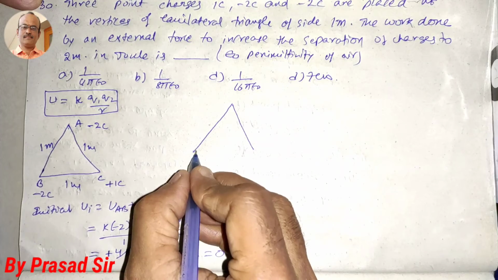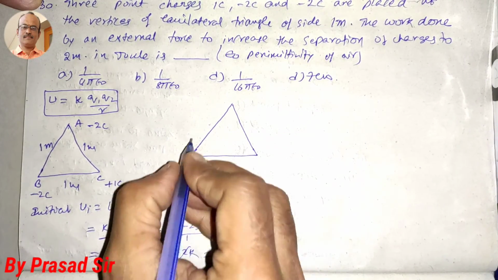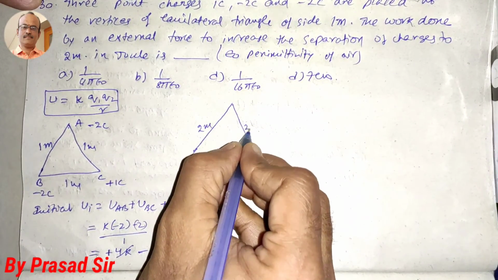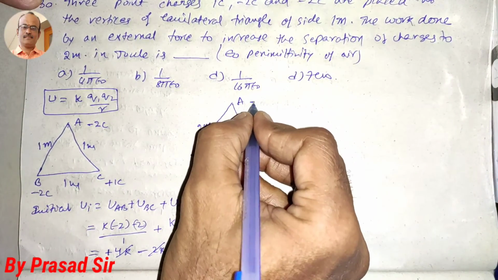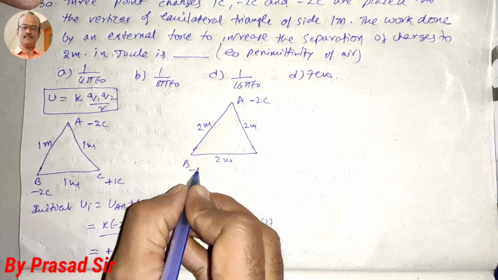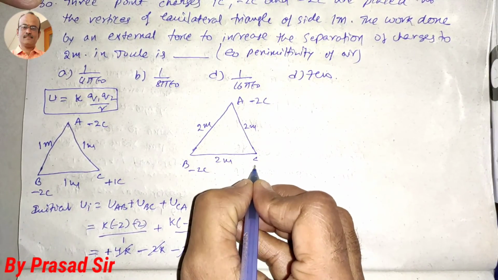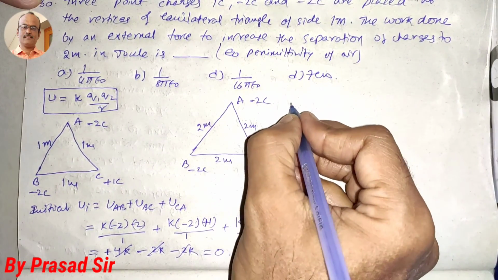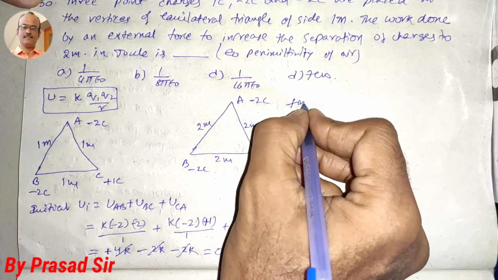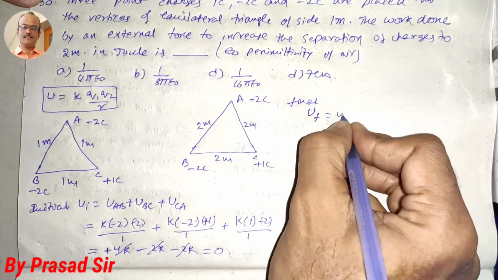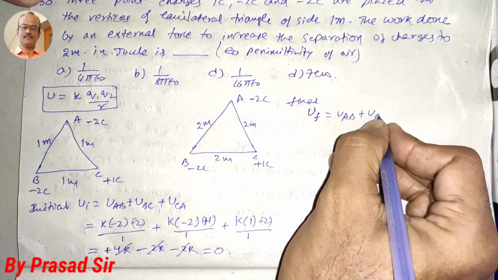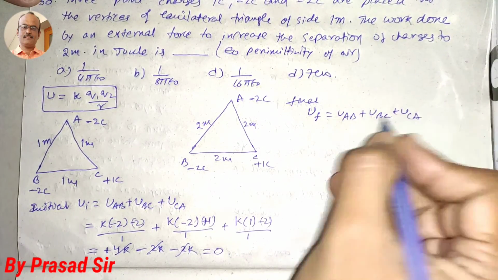So then afterwards what happens here? Here it is the equilateral triangle and now the distance between the charges is increased to 2 meters. So here A minus 2C, B minus 2C, C plus 1C. So here final, that is U final, is equal to UAB, UBC and UCA.